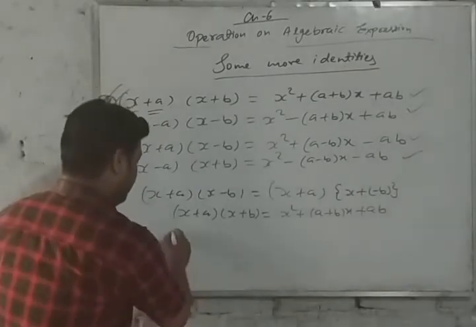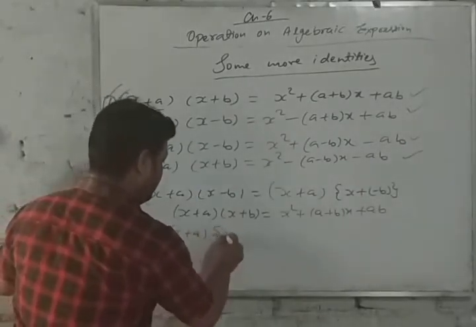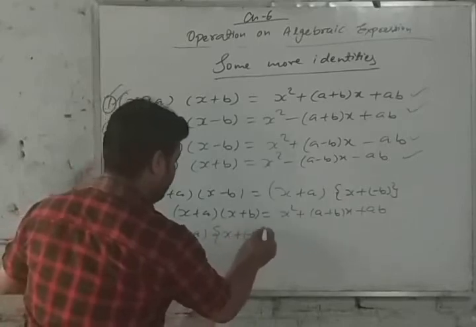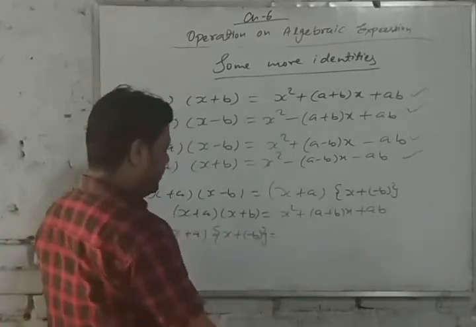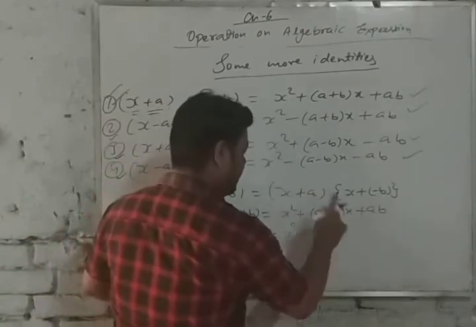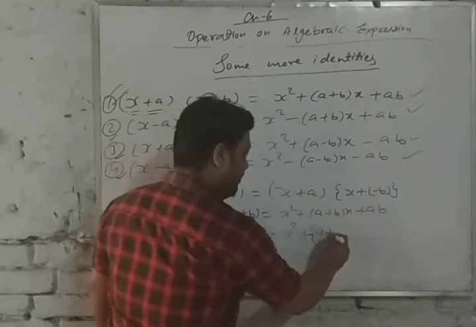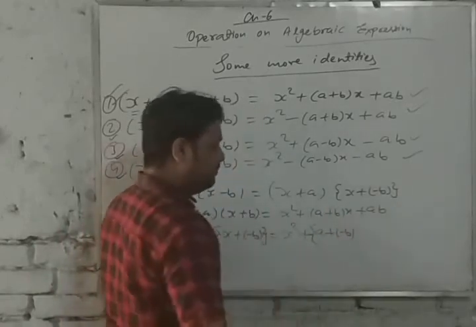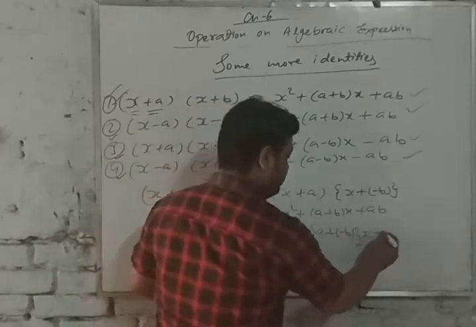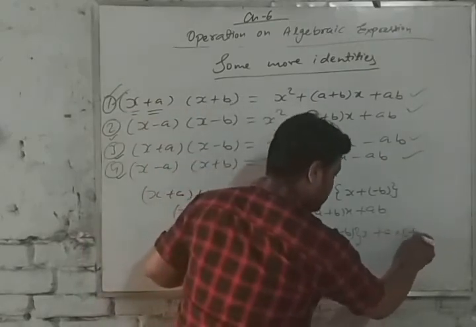Now x plus a and x plus minus b. Now put the value: x square same plus, instead of a we will write a only, but instead of b we will write minus b, so we will keep it in bracket. Now x plus ab. Here also we will put minus b.